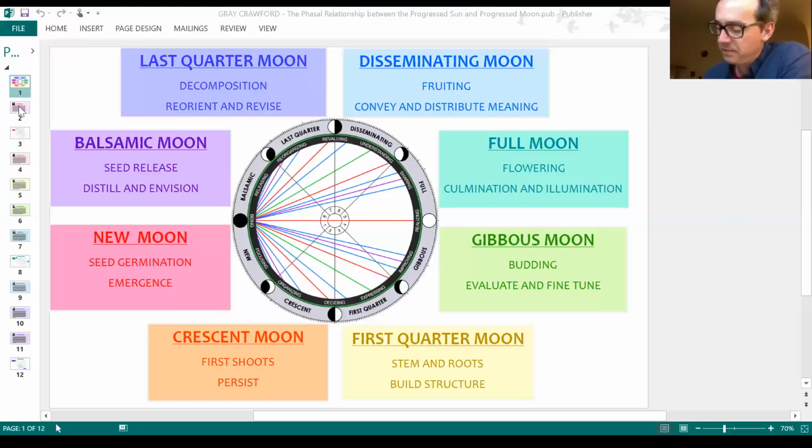So these 8 phases, the sequencing of how you're going to experience them really depends on when you were born and what moon you were born with.